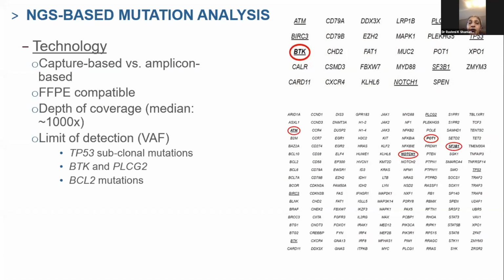On the other hand, capture-based with molecular barcoding is very accurate, so we can go down to a VAF of 1 to 2%. And in CLL, that's super important because subclonal mutations are just as prognostic as clonal mutations.